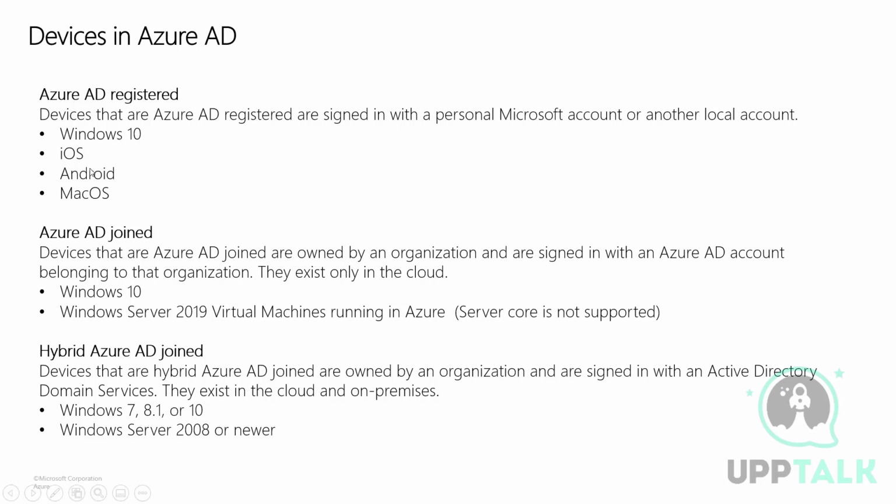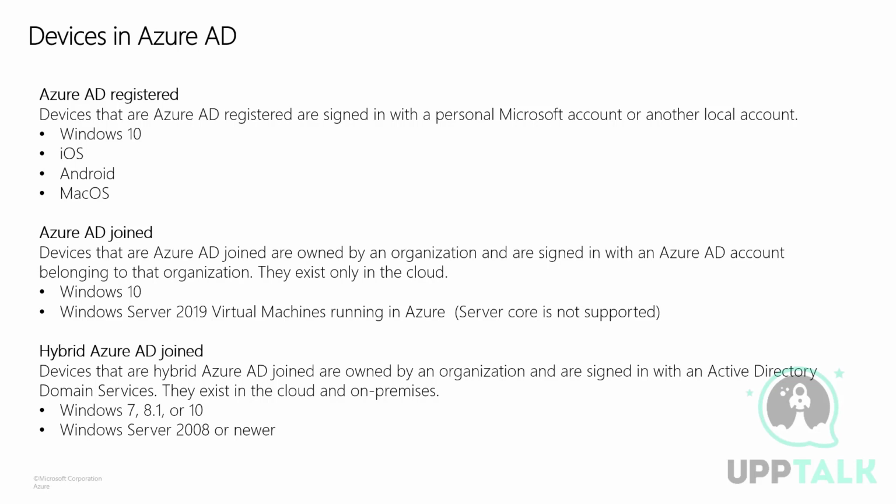Even iOS, Android, and Mac devices can be registered over here. Your Windows 10 Enterprise or any higher-end license that you have can also be associated. Only Server Core, which does not have a UI and is the most minimal feature that you have for a server environment, is excluded. Apart from that, all other virtual machines can be registered with your Azure Active Directory.